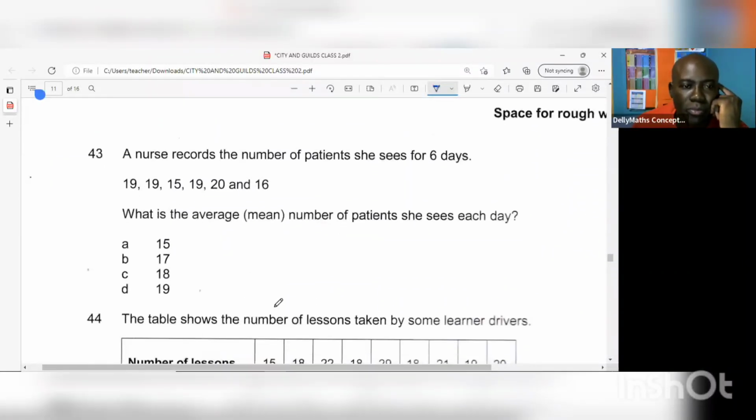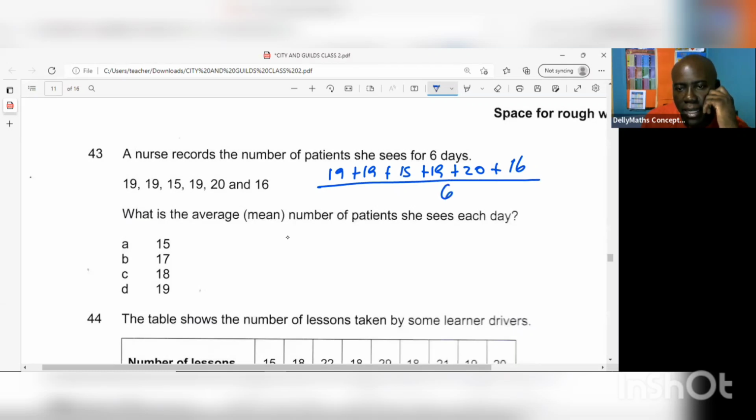21. A nurse records the number of patients she sees for 6 days. So we're looking at 19, 19, 15, 19, 20, and 16. What is the average, which is the mean number of patients that she sees every day? We add 19 plus 19 plus 15 plus 19 plus 20 plus 16, and all of that must be divided by 6.